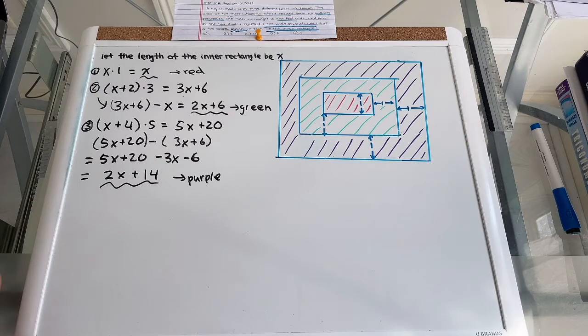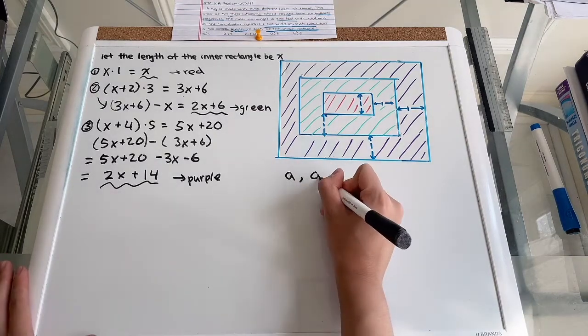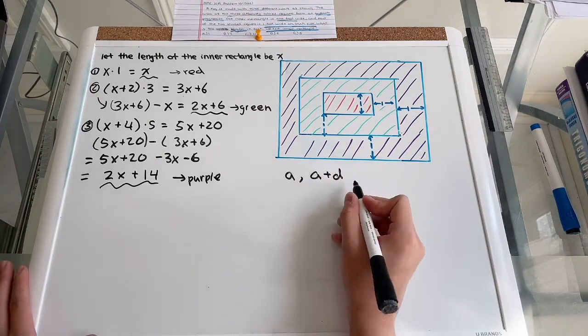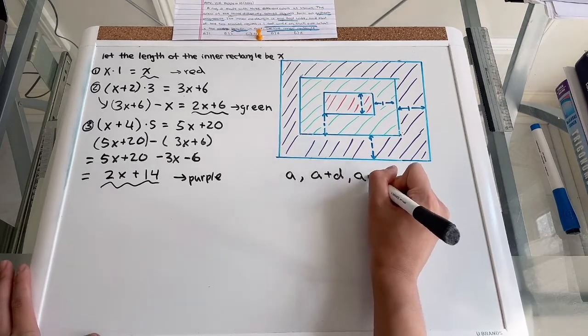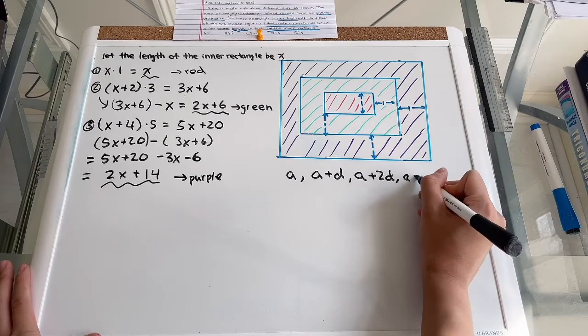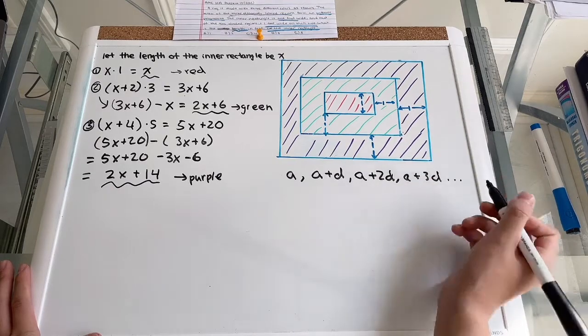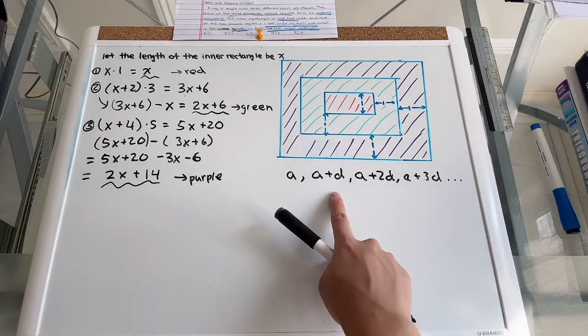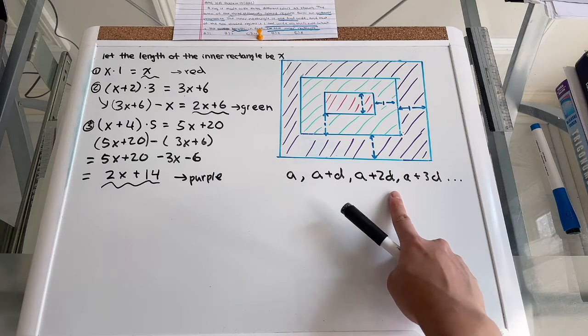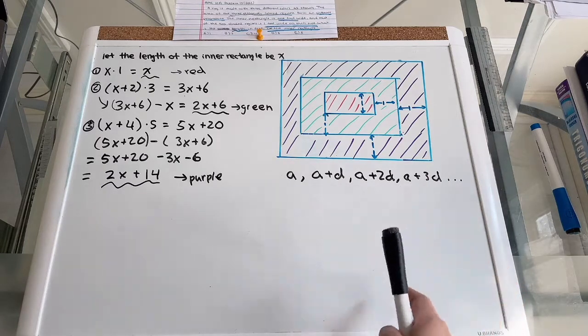This would usually be written as a, a plus d, where d is a common difference or the number that is added each time. So it would be a plus 2d, a plus 3d, etc. For example, it could be 2, 4, 6, 8, where the common difference would be 2. So 2, and then 2 plus 2 is 4, and then 2 plus 2 times 2 is 6, and then 2 plus 3 times 2 is 8.